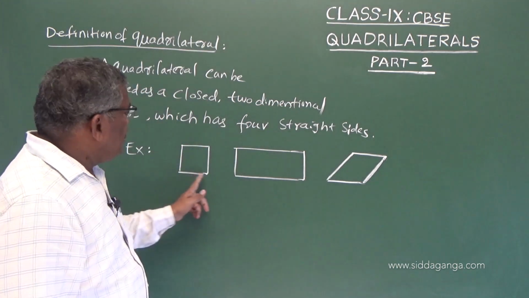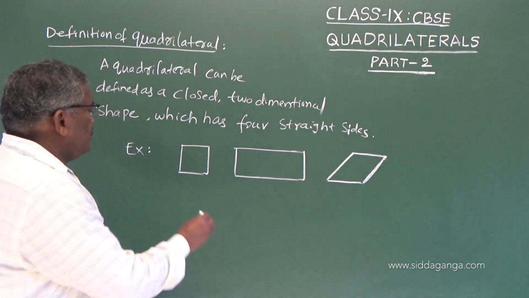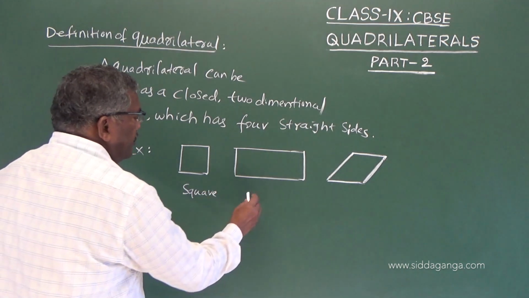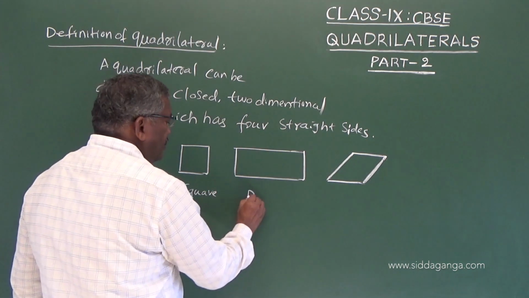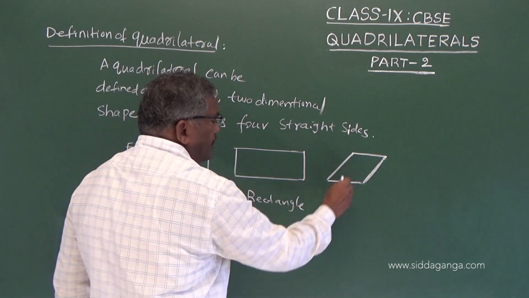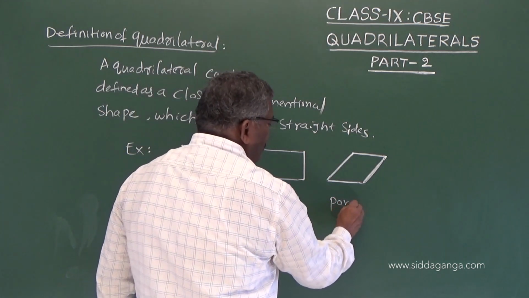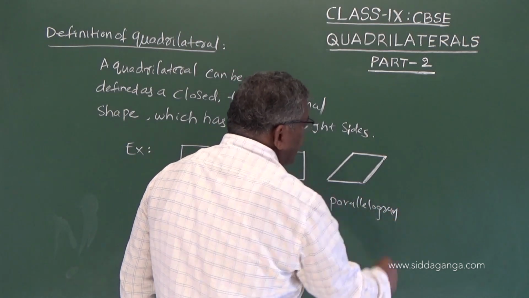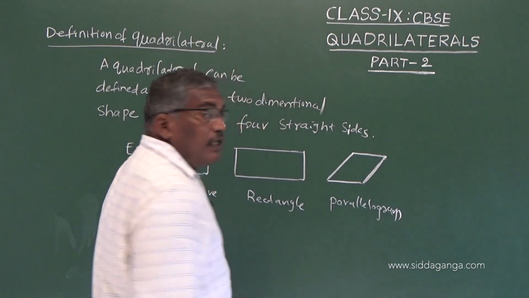So a quadrilateral is closed and 2-dimensional. It has length and breadth. A square, a rectangle, a parallelogram need not be irregular figures like this.